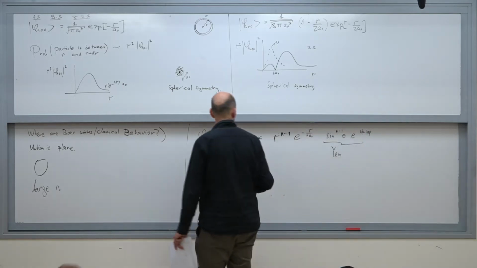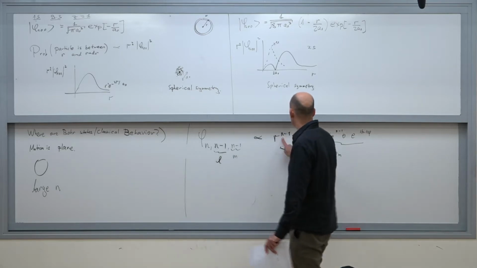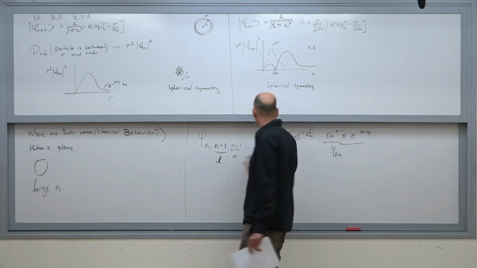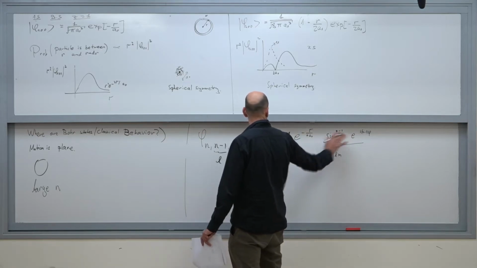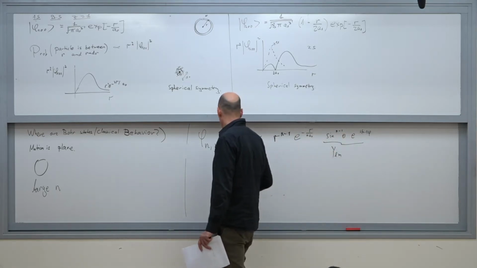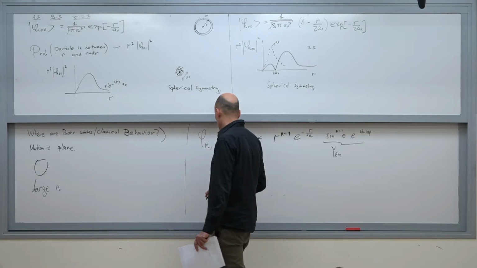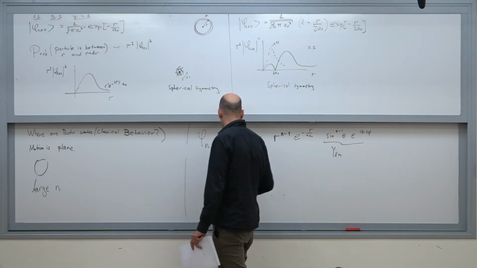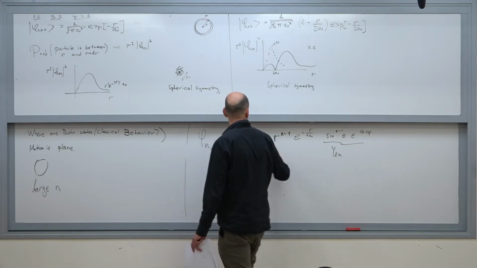So this guy, you see, n is very big. So let's look at the spatial part and then the angular part. What is this thing?